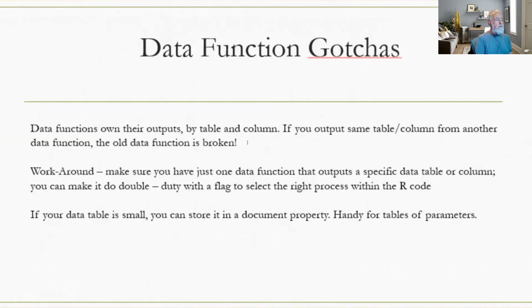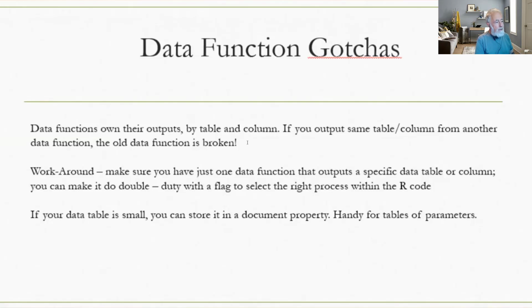Whether that's a table or a column, the data function that creates that table is tied to it within the internals of Spotfire. So one mistake, you learn this by bitter experience: you create another data function and overwrite that table, which is very convenient and seems to make a lot of sense. But you actually break the old data function.